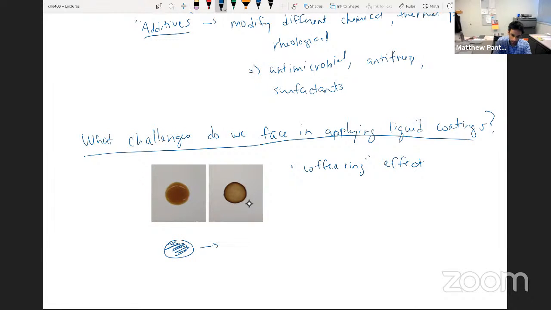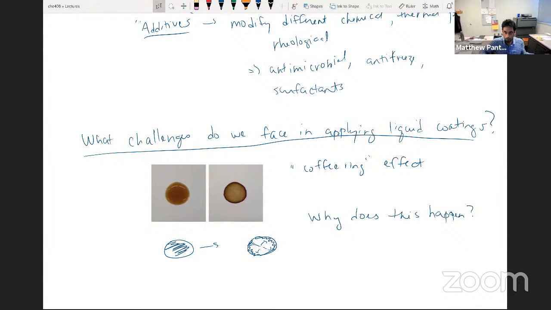As it dries, everything tends to move towards the edges. So why does this happen?